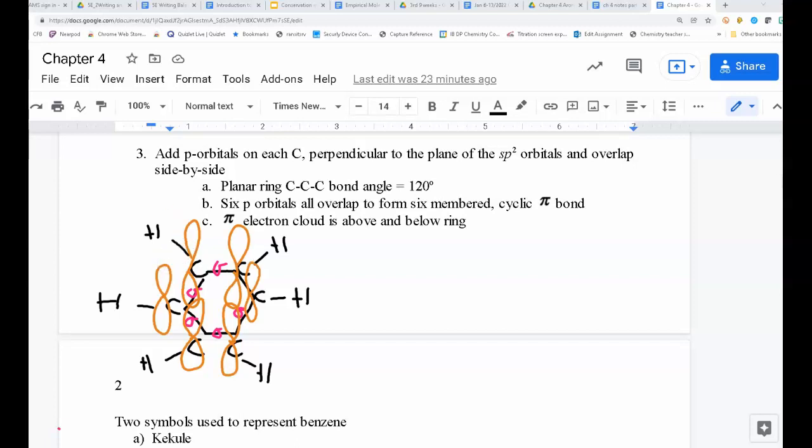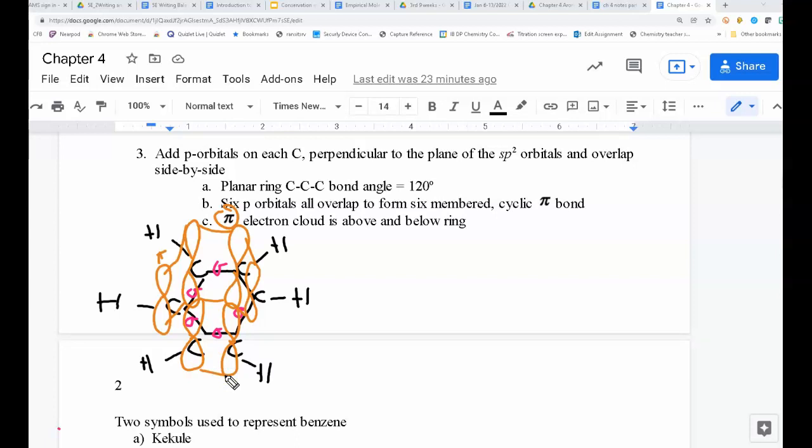And I erased something I didn't mean to erase. There we go. They're occurring in the side-to-side overlap of these two p orbitals. So this is where your pi bond is. And this is where this pi bond is, and then this is where this pi bond is. And then over here, and this just gets hugely hard to see after some time.